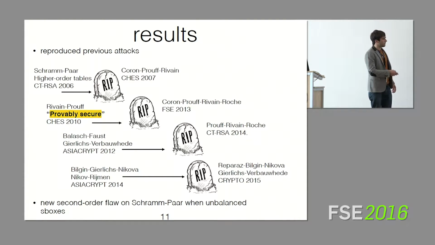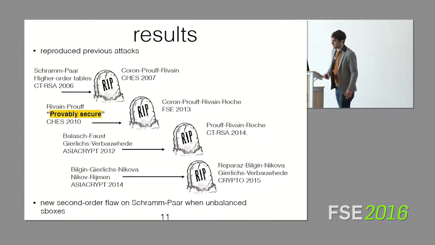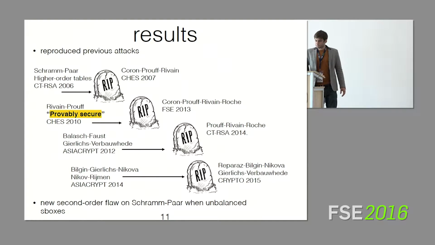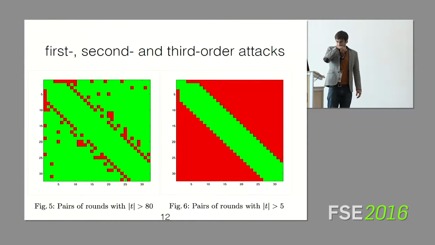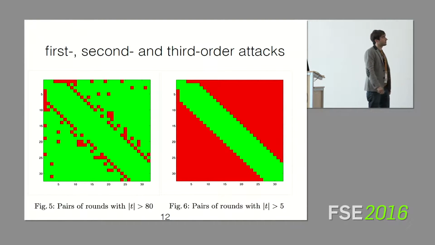And we also point out a flaw in the old scheme of Schramm-Paar when using funny S-boxes. And we also show second and third order attacks. So, sorry, not attacks, leakage detection tests, so flaws.